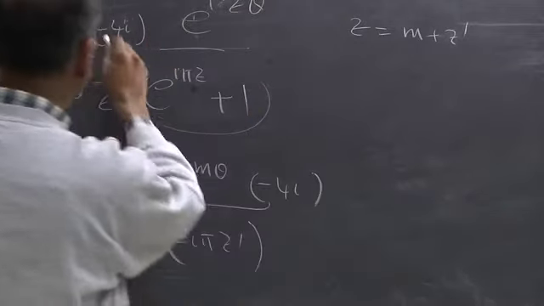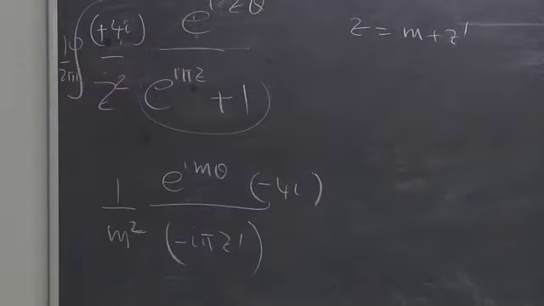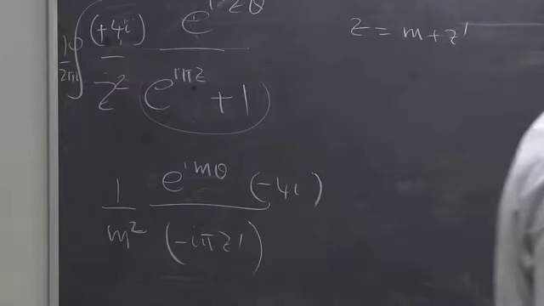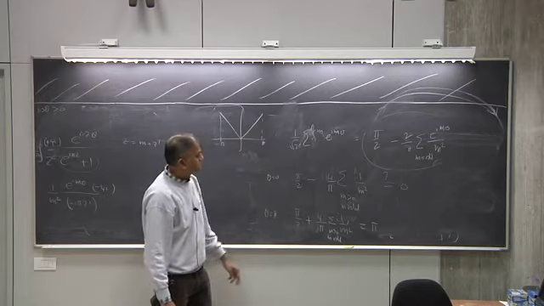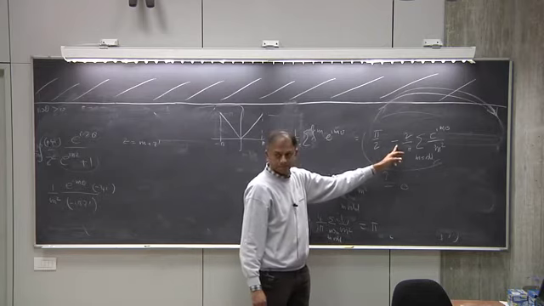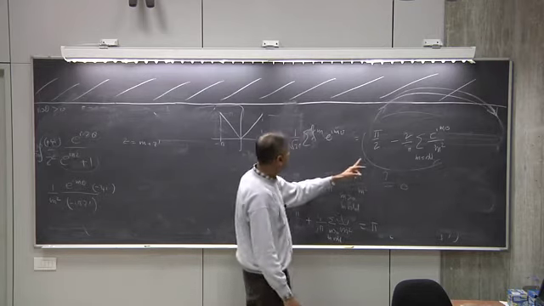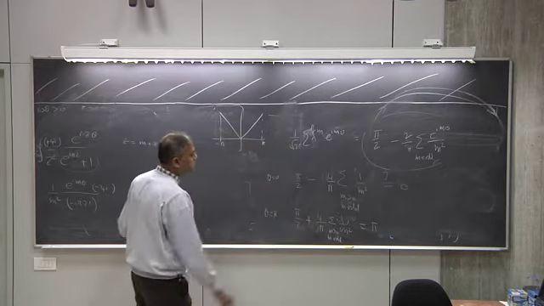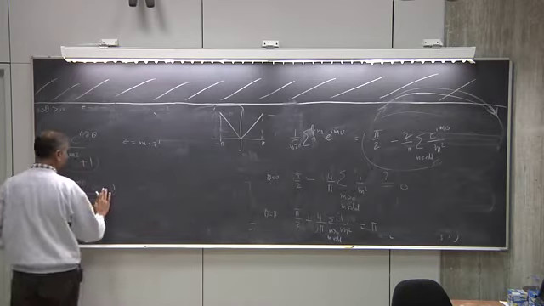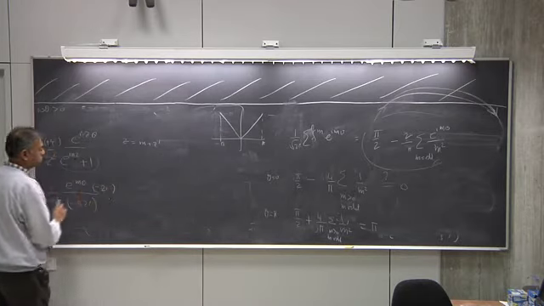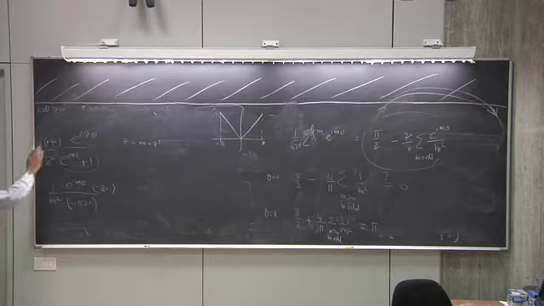No, I need plus 4i, right? Because there's a minus sign here. Okay, sorry, not 4. I should just get 2. Correct? Because this is what I should get here.